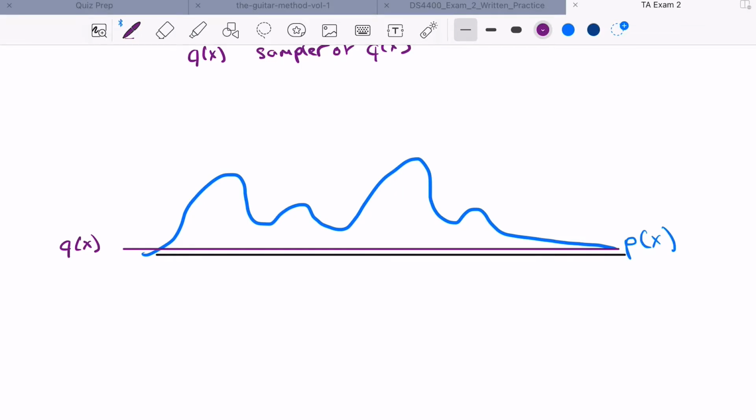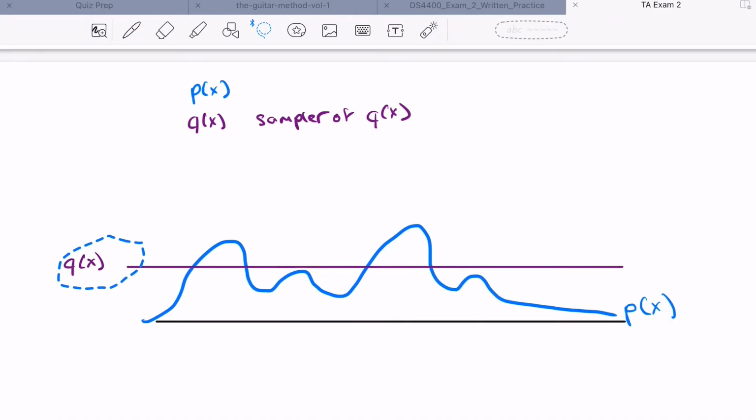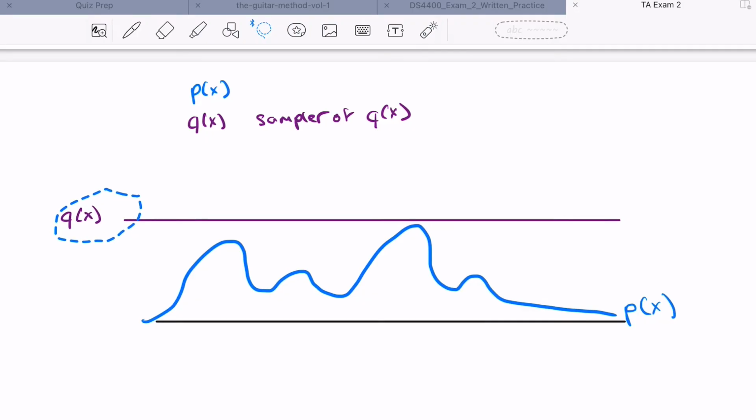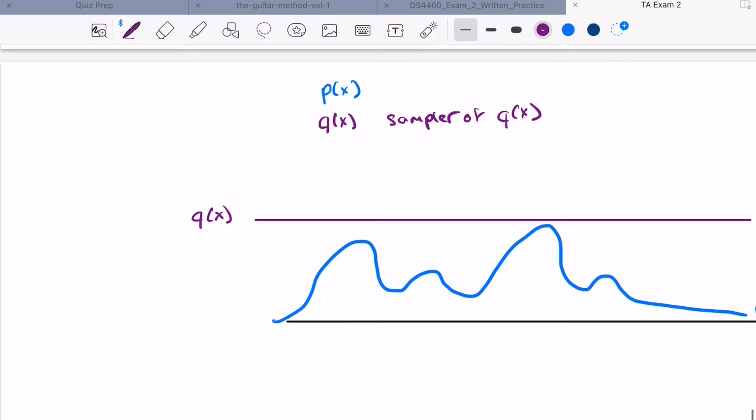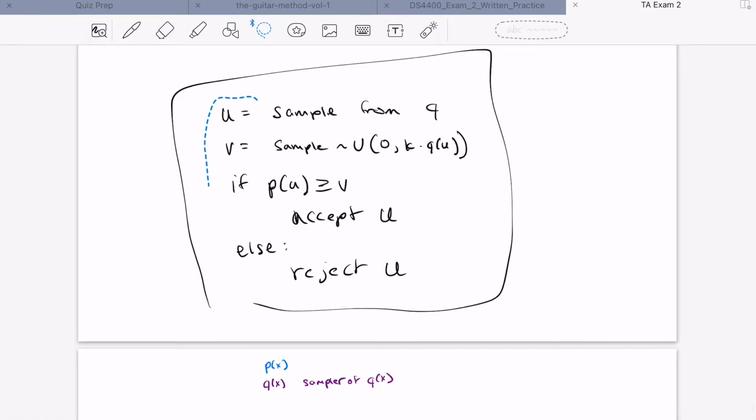The final thing that we use in rejection sampling is a k-value. The purpose of this k-value is to raise this Q of X line so that it's always above P of X. So this is k times Q of X. Now if I copy the steps from rejection sampling, let's walk through a case of one sample.